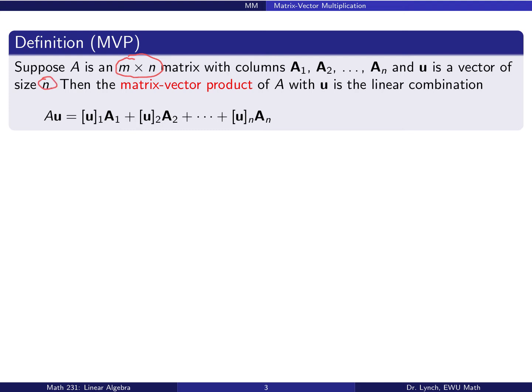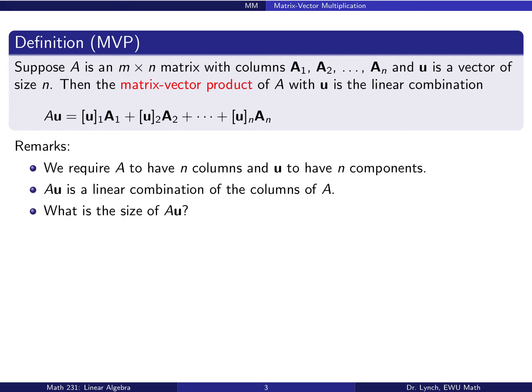So the definition of AU is a linear combination: the element U1 with the first column of A, the element U2 with the second column of A, and so on down to the element U sub N with the nth column of A. So again, when A has N columns and U has N components, then AU is well defined, and AU is a linear combination of the columns of A.